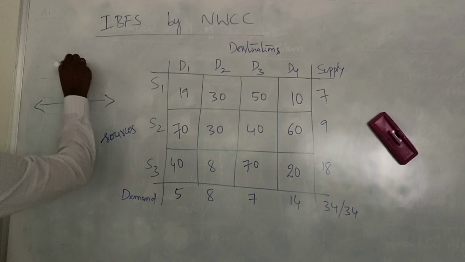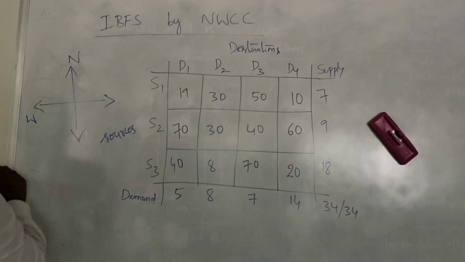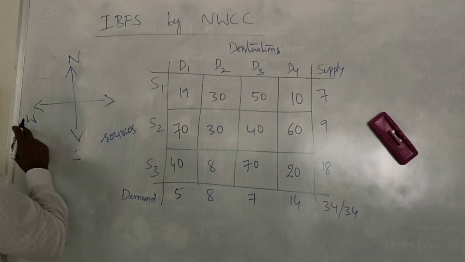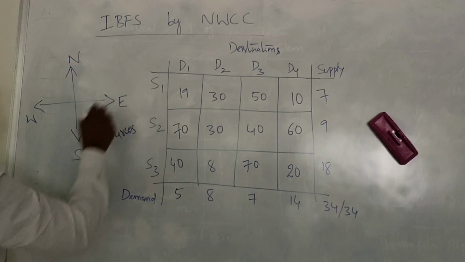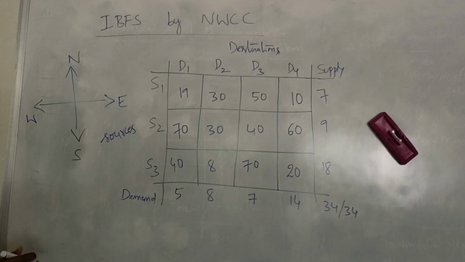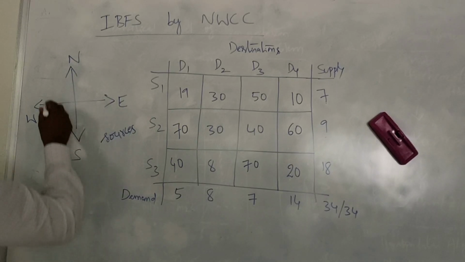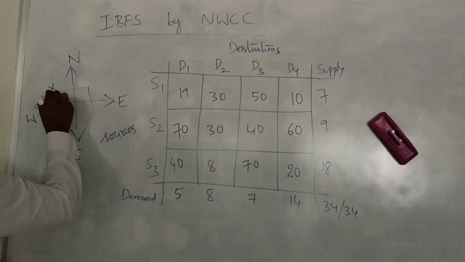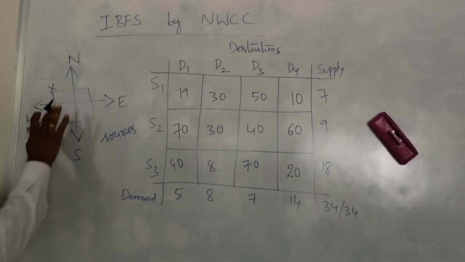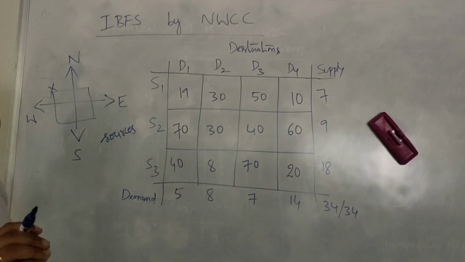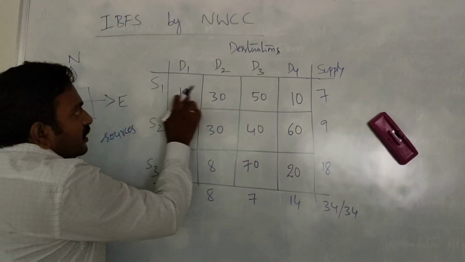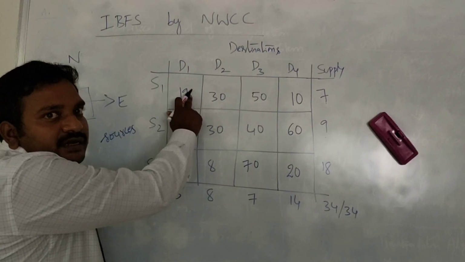We have north, west, east and south. What is the cell in the northwest corner? Take it as a table, the first cell of the table is very important here. The first cell of the table is this one.